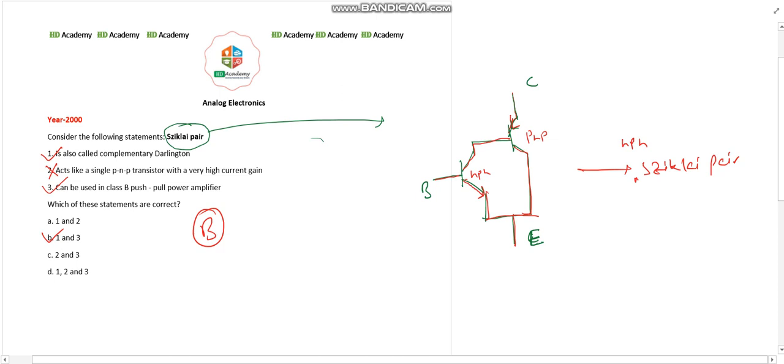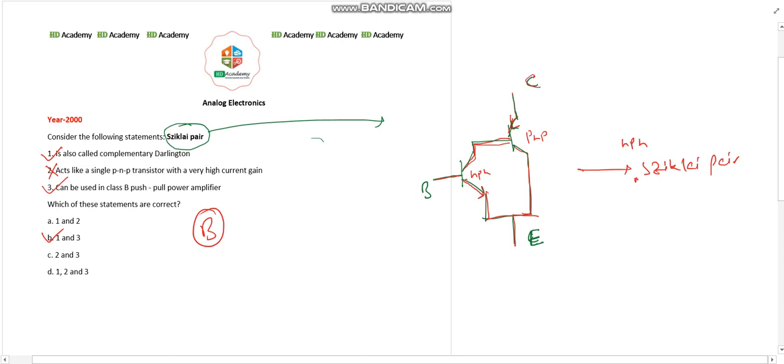In Ziegler pair configuration, one NPN transistor and another PNP transistor are used. The collector of the NPN transistor is connected with the base of the PNP transistor, and the emitter of the PNP transistor acts like a collector.